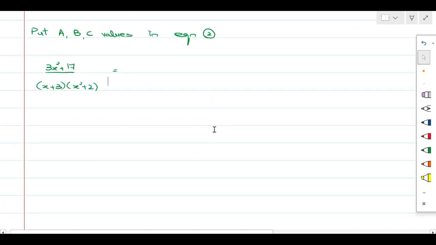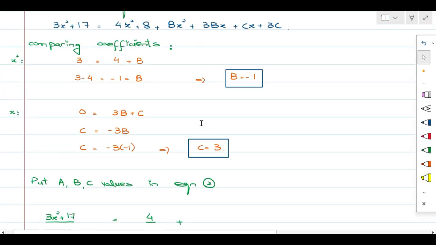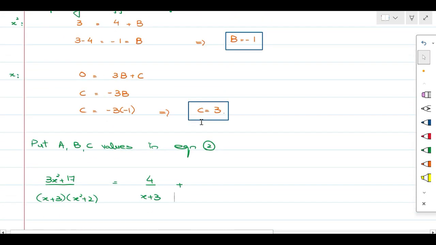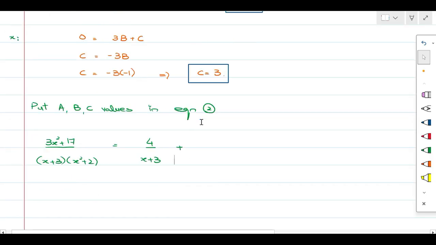A is 4. So we can say 4 over x plus 3 plus bx plus c over the second quadratic factor. B is minus 1, so minus x plus 3 over the second quadratic factor. So this is my second equation.